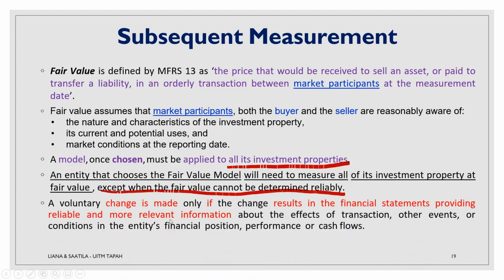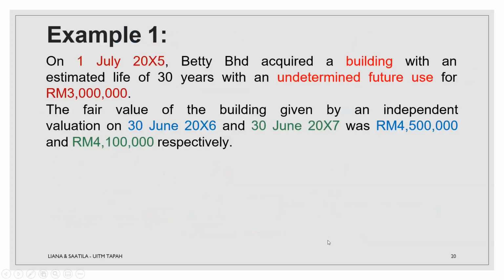A voluntary change to the subsequent measurement model is made only if the change results in the financial statements providing reliable and more relevant information about the effect of transactions, other events or conditions on the entity's financial position, performance, and cash flows.